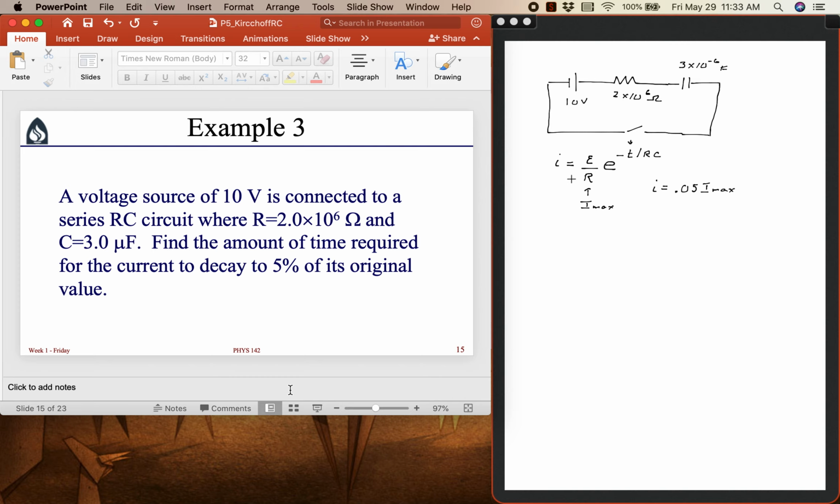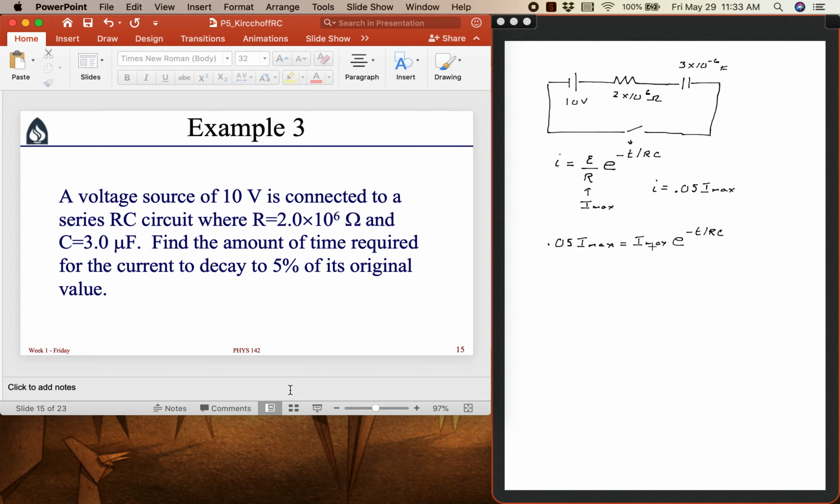So I can rewrite this expression: 0.05 times I max is equal to the voltage of the battery over the resistance of the resistor, that is I max, times e to the minus t over RC.